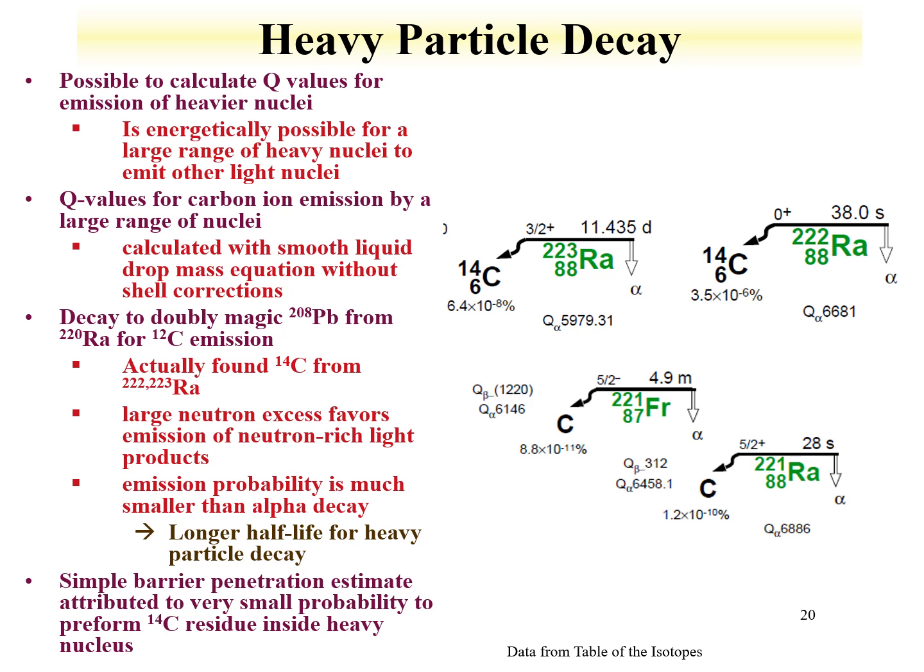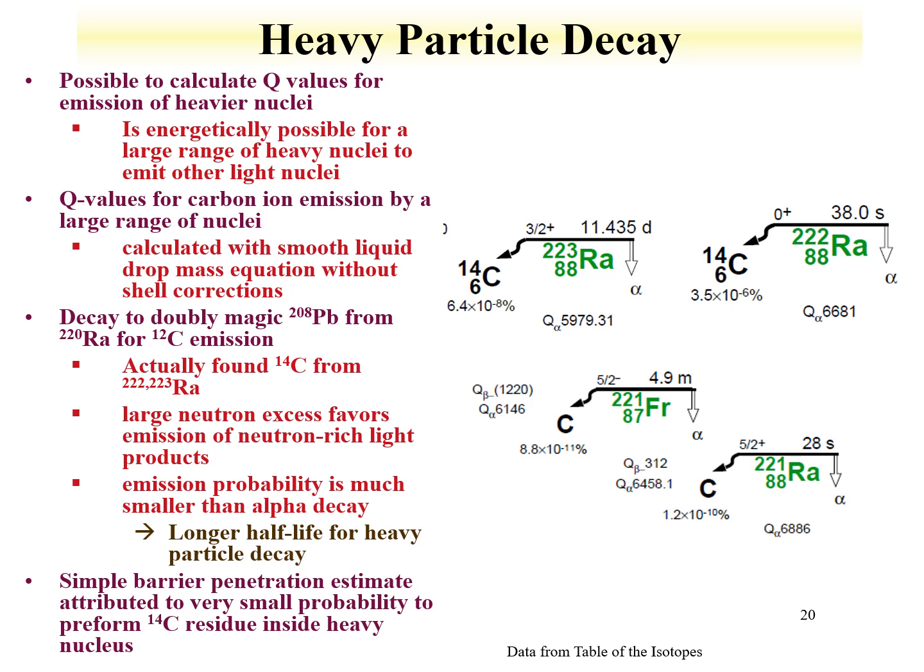Now, by inspection of the table of the isotopes, you can look at radium-222 and radium-223, and you'll see that there's a small branch of carbon-14 emission. The reason for this, a bit of a neutron excess, is that it favors emission of neutron-rich light products. Now this emission probability, if you look at the table of the isotope data, is extremely small compared to alpha emission.